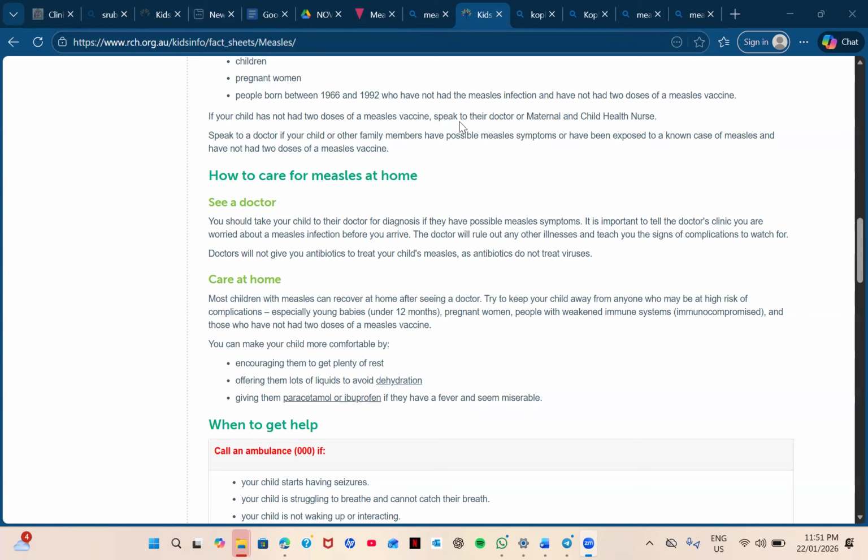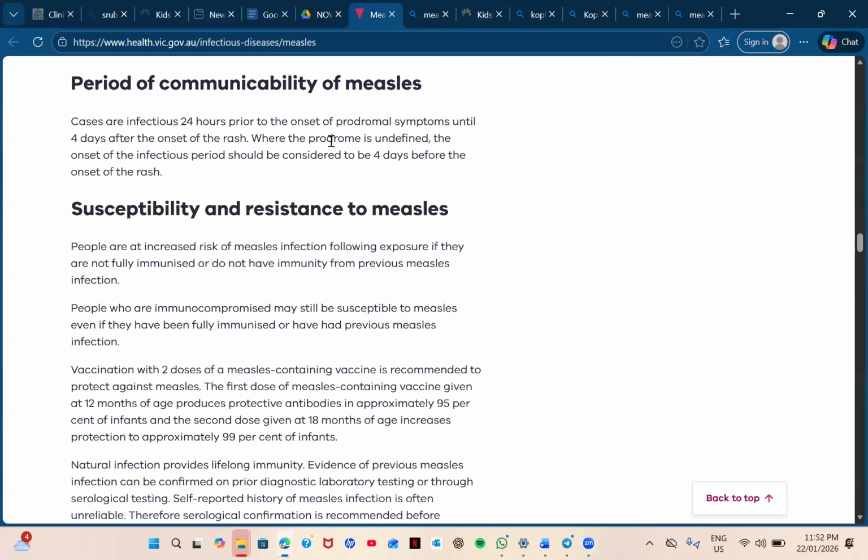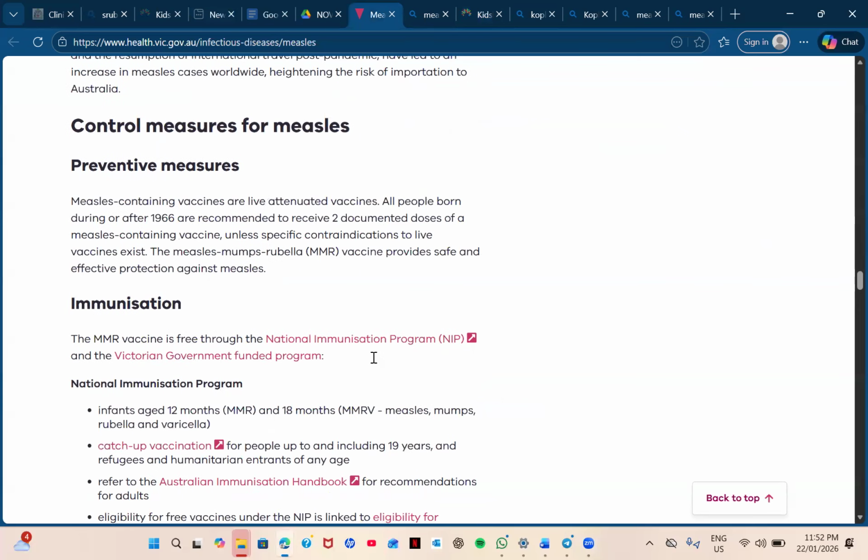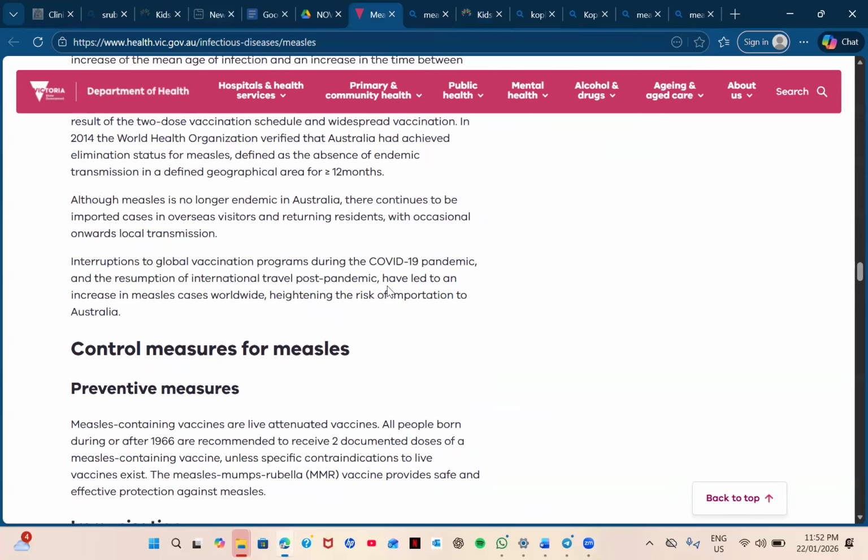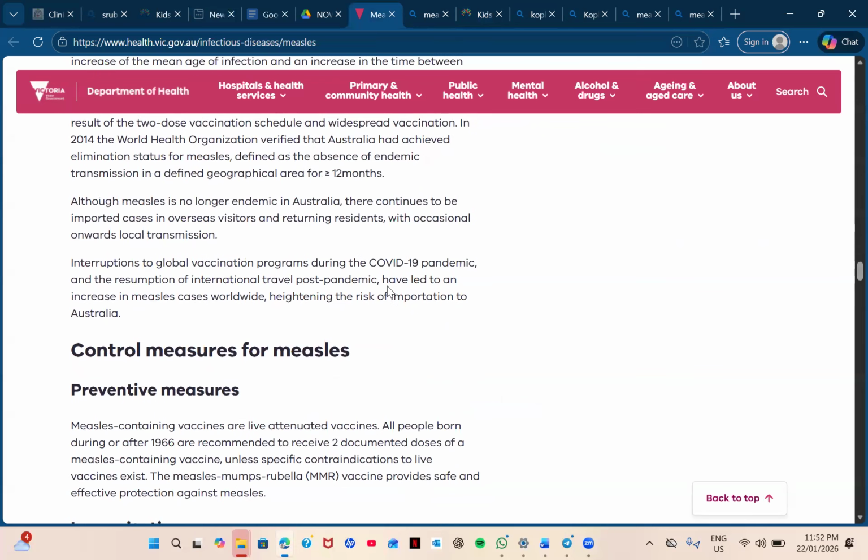In this measles case, you should know school exclusion, and there's one more thing I'll explain from here. Before that, tell me, what is the school exclusion criteria for measles? Tell me, type in the chat.